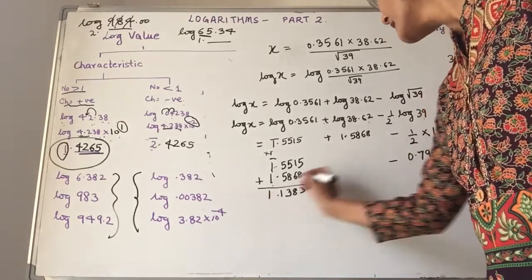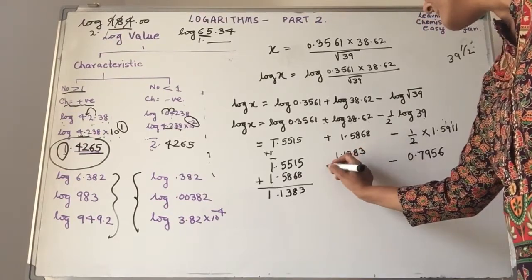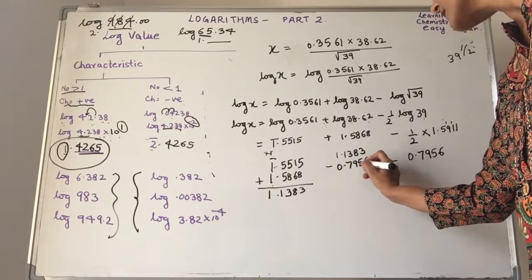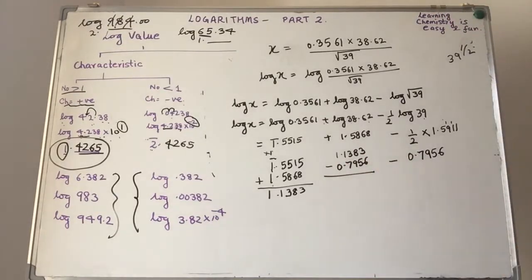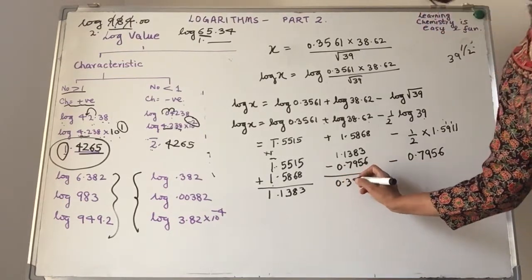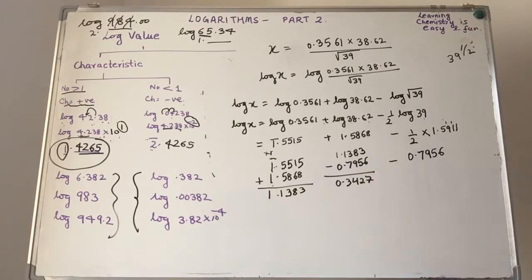Now this is again a mathematical number. Just take away. So I have 1.1383 minus 0.7956, as you would do under normal mathematics. That is what you have to do. So this gives us 0.3427.